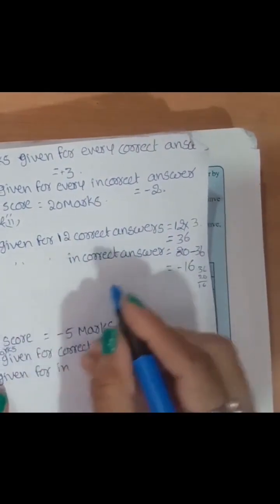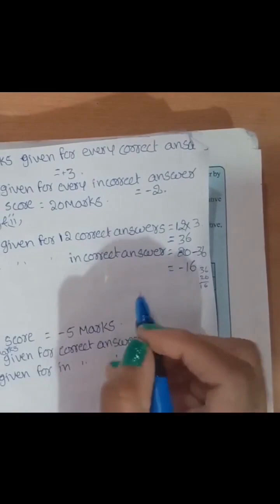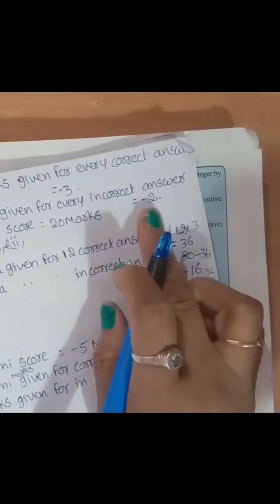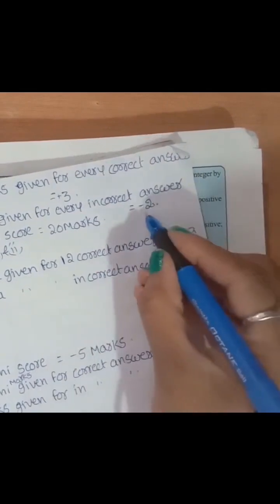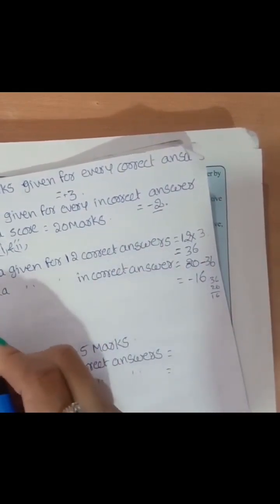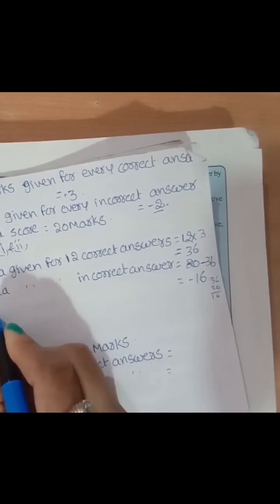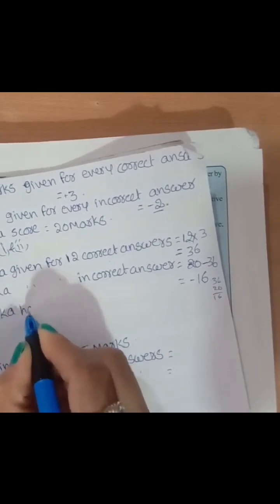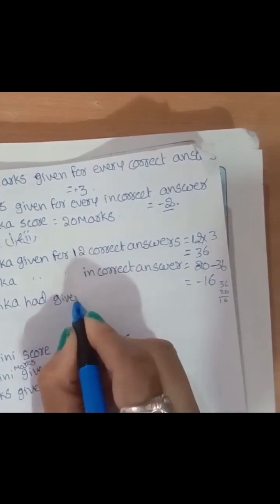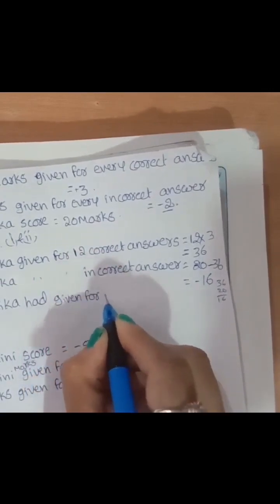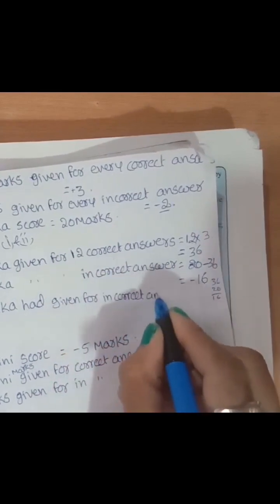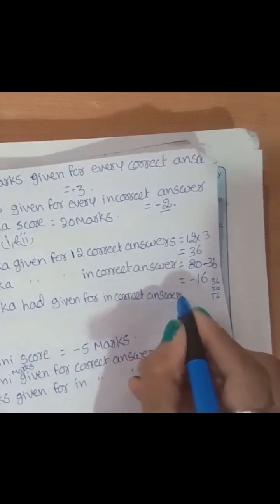Incorrect means each incorrect answer Radhika gave, for every incorrect answer is minus 2 only. So that's why, for the incorrect answers, each incorrect answer carries negative marks.